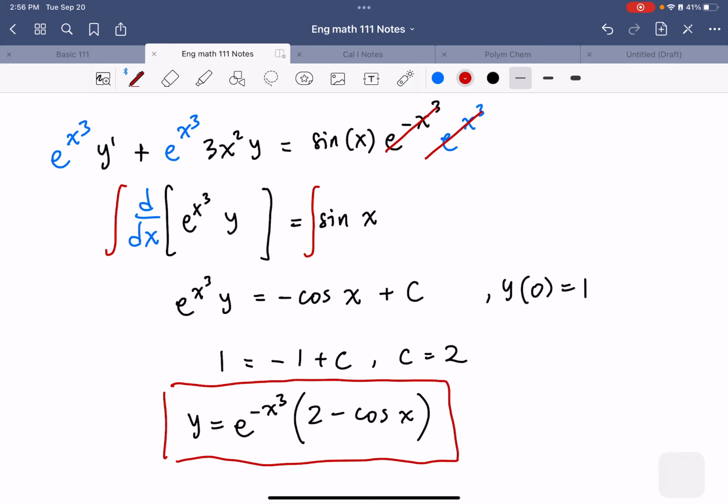But mostly, if the question is asking with some restrictions like this initial value, as long as it's consistent and logical, it makes sense, I think you can just stop it here. That is one thing to remember. And also the singular solutions. The singular solution will probably still be there, and you need to figure it out.